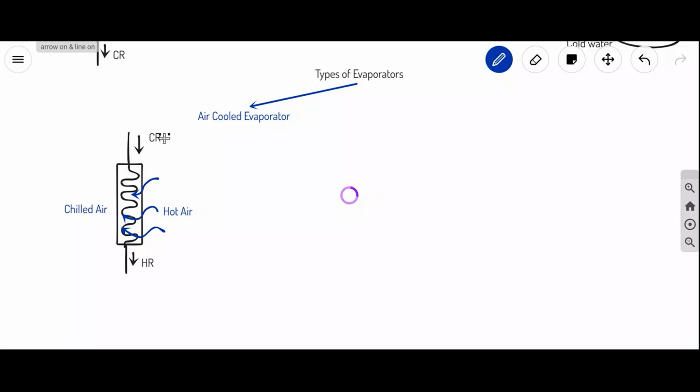So here refrigerant is cooling the air. Again, refrigerant is cooling the air, so it is called an air cooled evaporator. In this also, we have natural convection and forced convection.